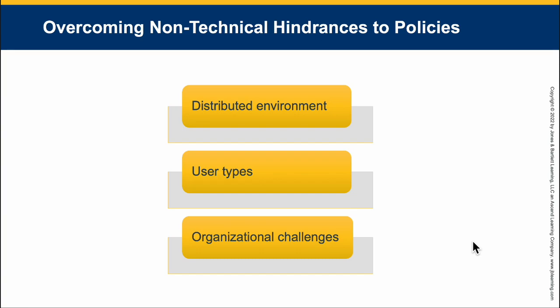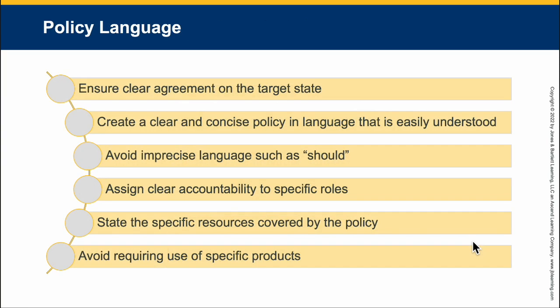Following that, we have policy language. This is basically how to ensure the agreement is clear to the target state, in this case, for example, the user. Clear and concise policy language. In this case, for example, instruction.